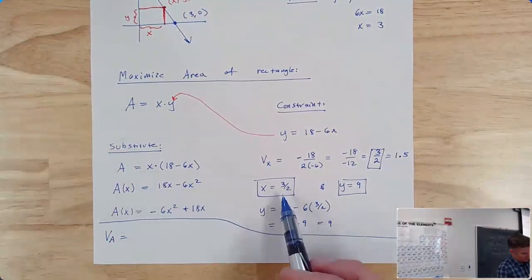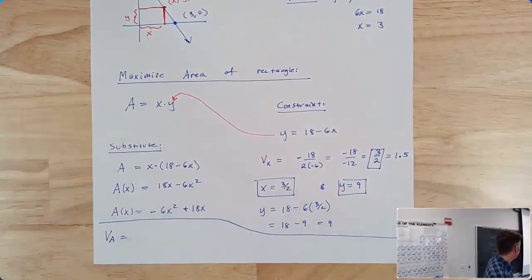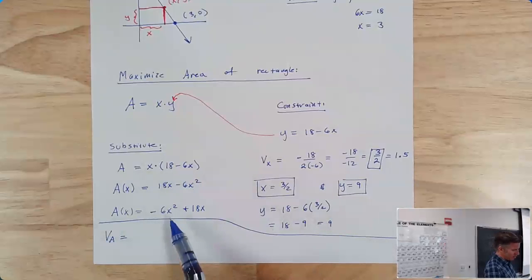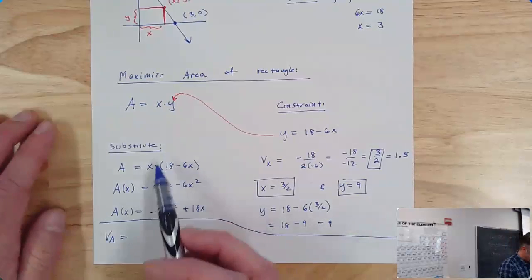If I plug in 3/2, here's a good tip. If you have to plug this back into the original function, it might be easier to plug it into the already factored form. I don't really want to square 3/2 and multiply it by negative 6. I think it's going to be a little nicer if I do it up here.